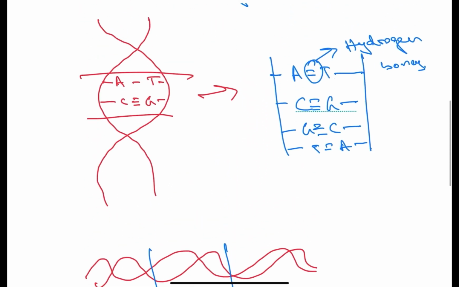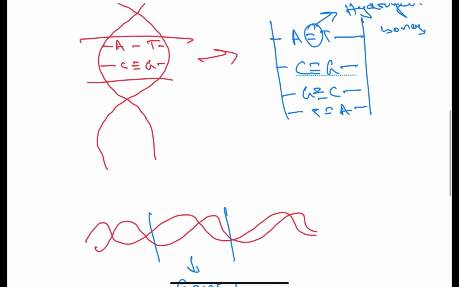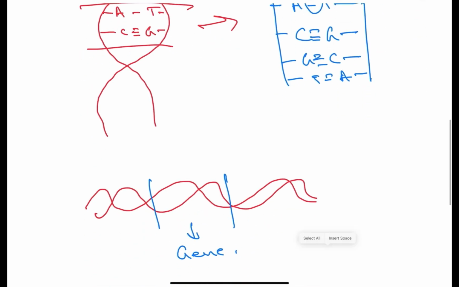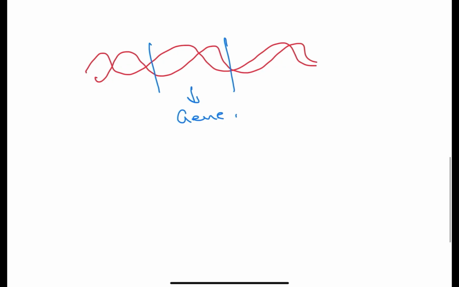As I discussed here, this is the DNA, right? So its monomeric unit is a nucleotide. So if we consider a gene, its monomeric unit will also be a nucleotide, right? Okay.